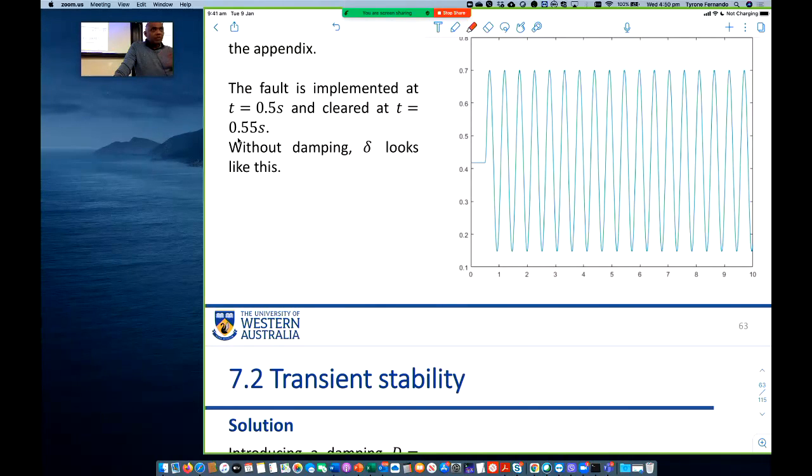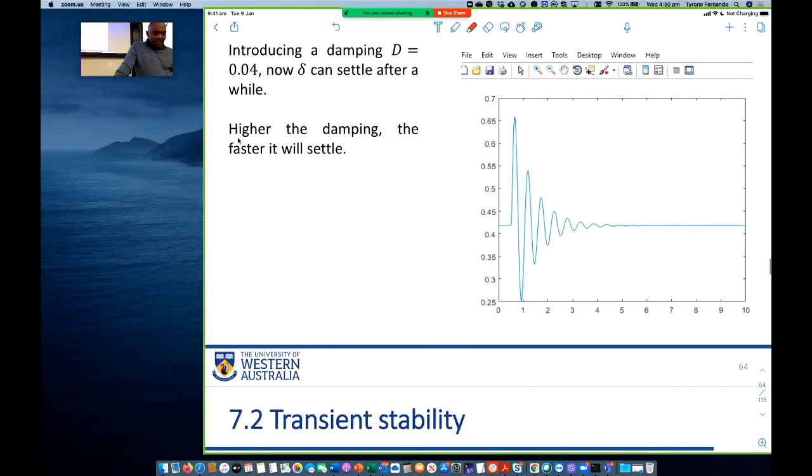Without friction, it will be oscillating about the operating point back and forward, right? So when there is some friction, when d is not equal to 0, it will oscillate about the operating point and settle at the operating point.